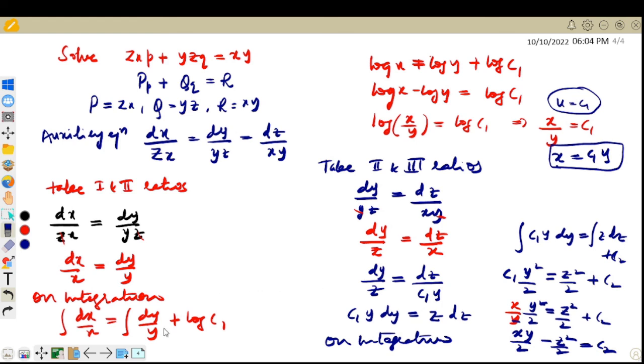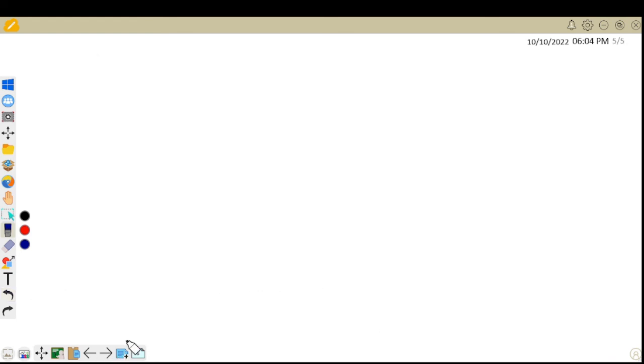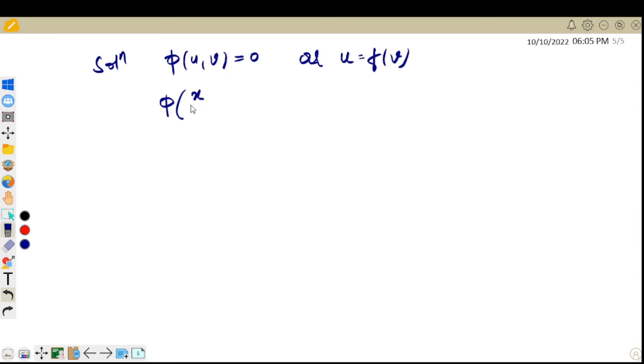Therefore, the solution is phi of u comma v is equal to 0, or u is equal to f of v. So phi of u is x by y, v is xy by 2 minus z square by 2, equal to 0.